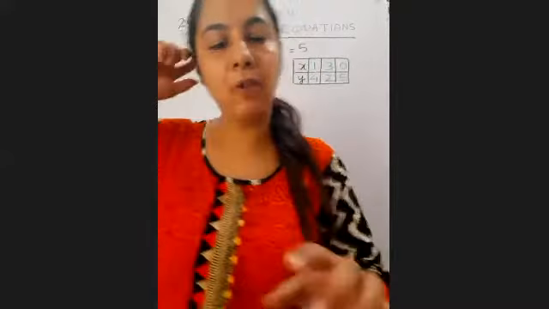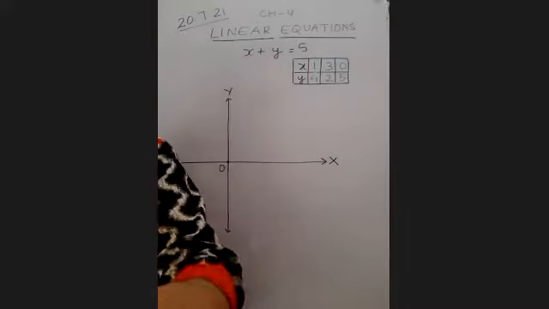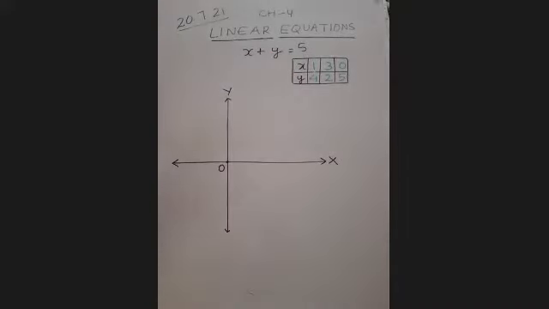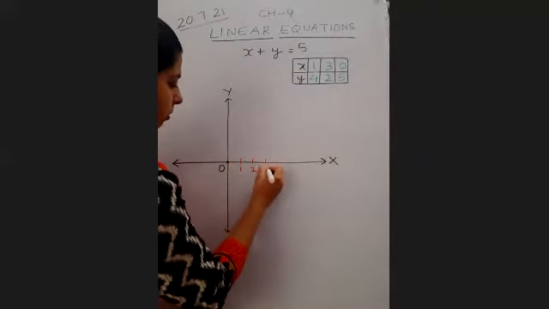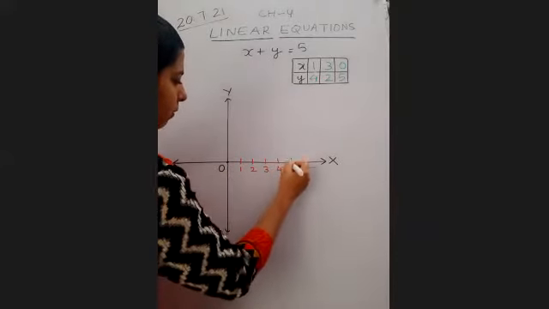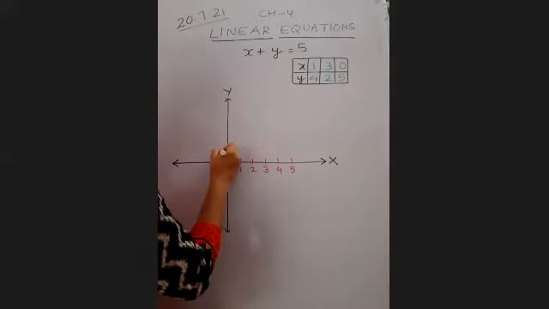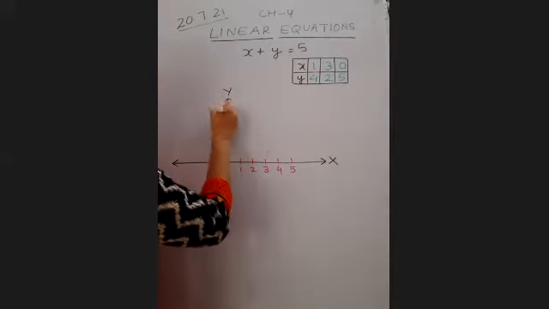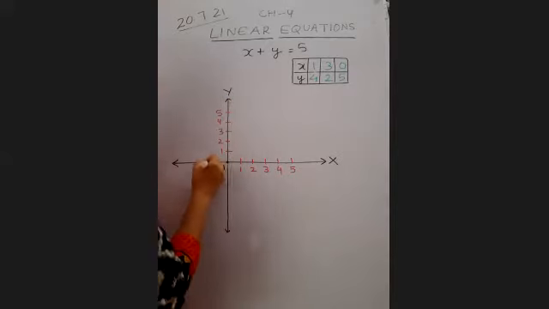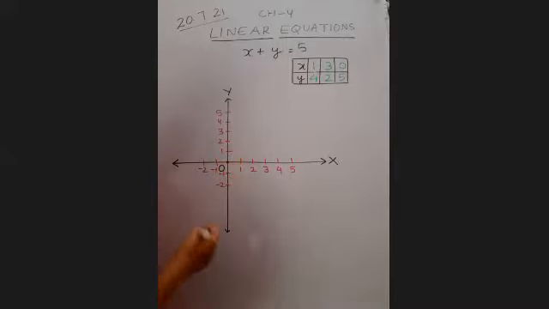Let us see how we are going to plot these three values. Let me first mark equal graphs. 1, 2, 3, 4, 5, 1, 2, 3, 4, 5, -1, -2. I don't need minus, so I am not marking much.